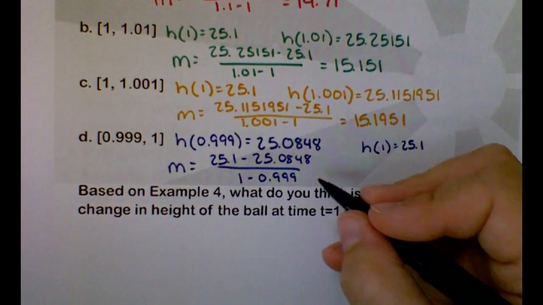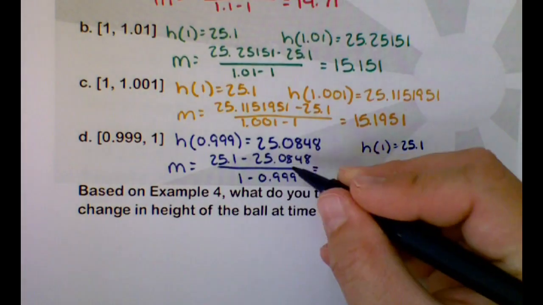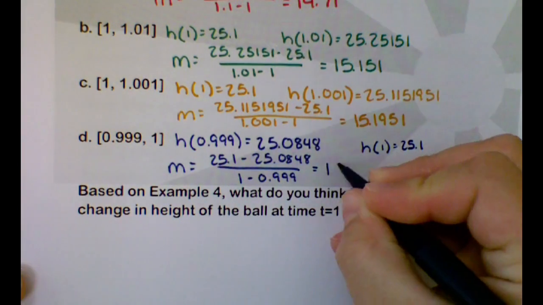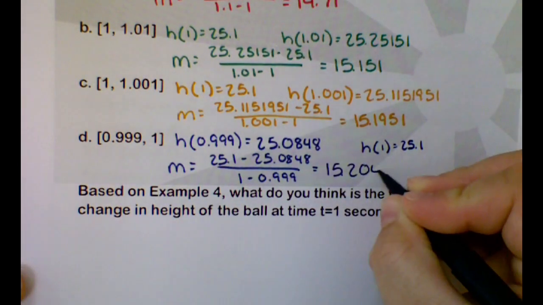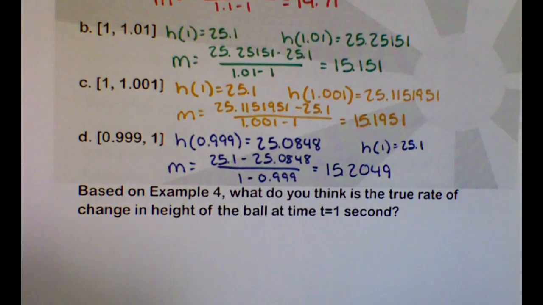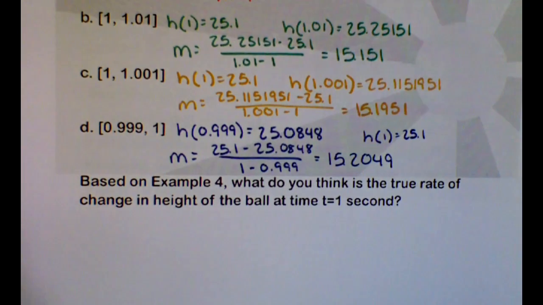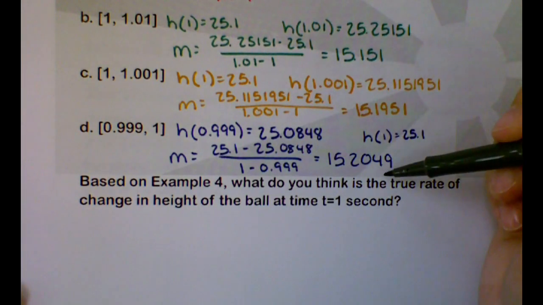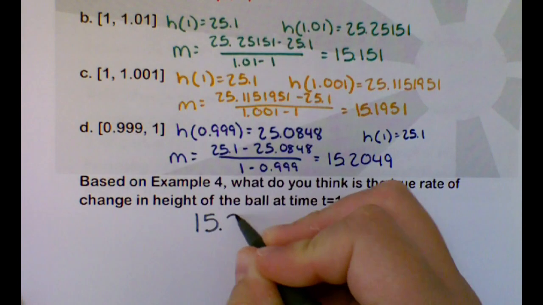It's a good idea to definitely use the answer if I was rounding a number in here, because you don't want to round anything until the very, very end. So I want to make sure I use that answer key this time. I get 15.2049. So based on this example, what do I think the true rate of change is at exactly 1 second? Well, my values coming in were about 15.2. I would say it's probably about 15.2.